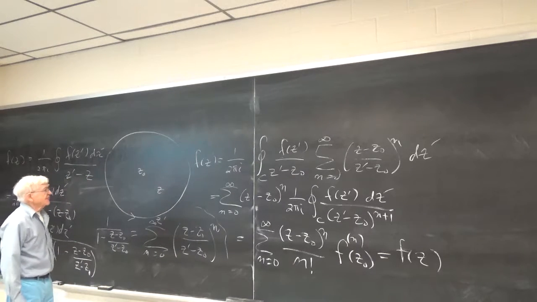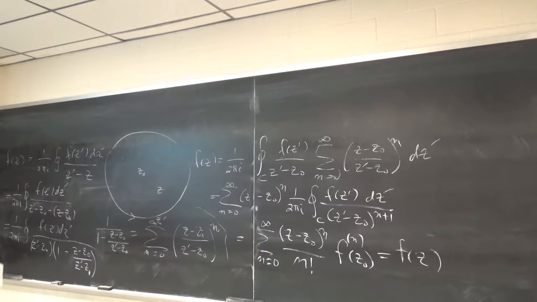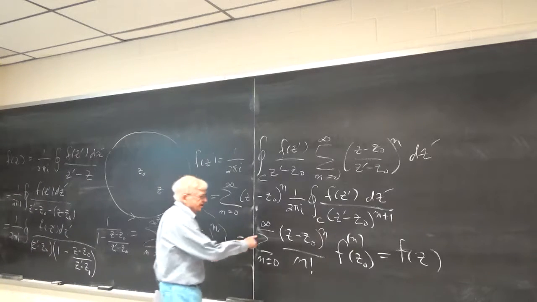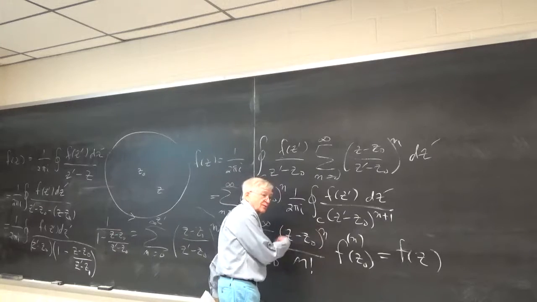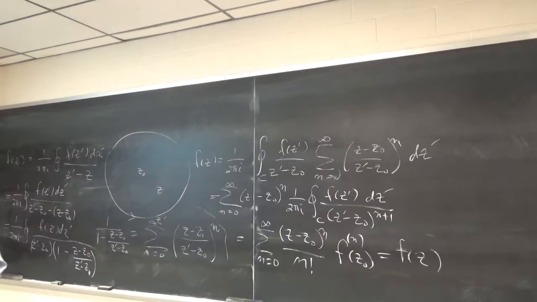So if the region of analyticity of the function is huge, then this power series converges uniformly and absolutely in a huge region. This means that analytic functions have marvelous Taylor series or power series. So any questions?